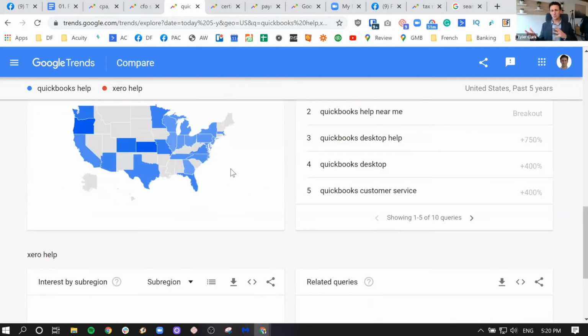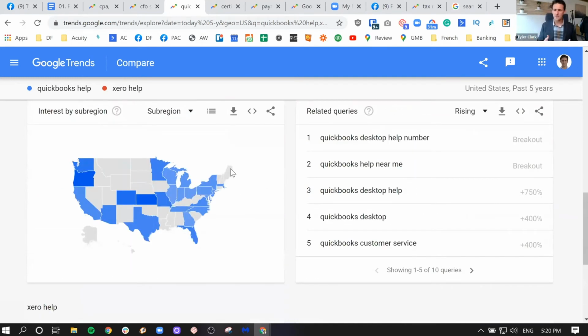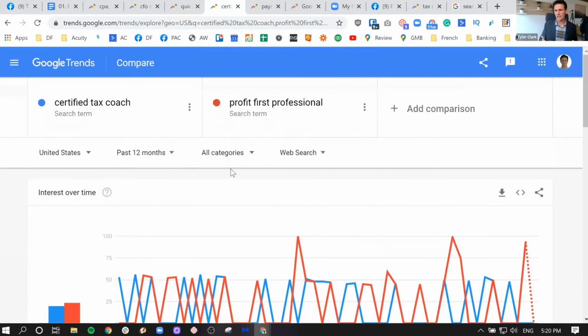But let's switch it over to maybe these other designations outside of enrolled agent, bookkeeper, like our titles, but some of the supplementary ones like certified tax coach or a profit first professional. When you have these designations, does the market really care? It doesn't matter a whole lot.